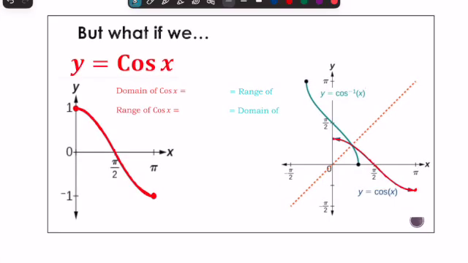Okay, well, we know the domain of cosine on this little area is 0 to pi, like so our restricted part, and our range is -1 to 1. So that means the range of arc cosine of x, which is also cosine to the -1 of x, or inverse cosine, is 0 to pi, and the domain would be -1 to 1.